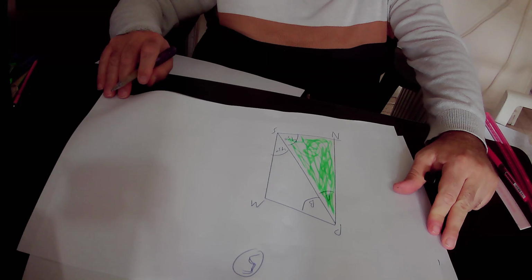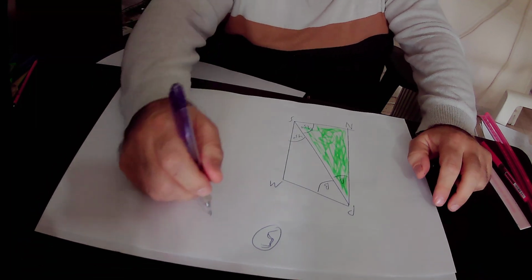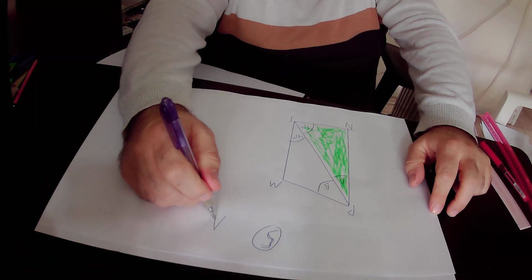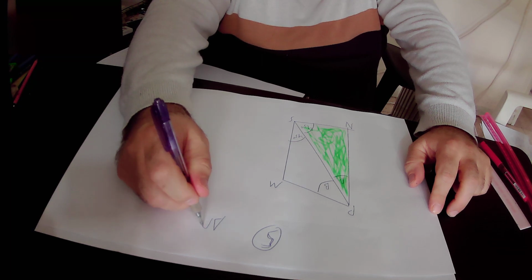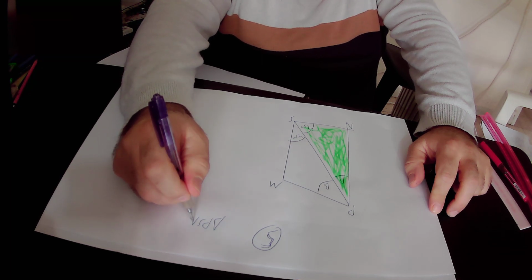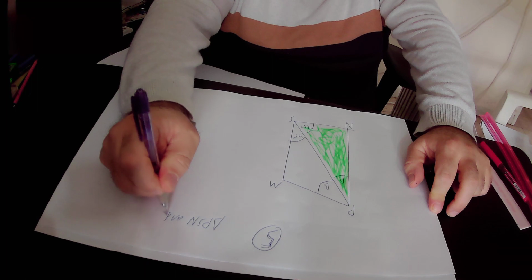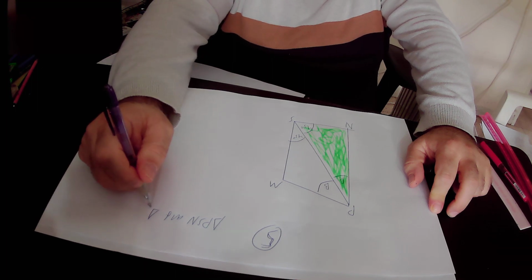So I write it down. We will prove that the green triangle, triangle PSN, is congruent to the white triangle, triangle PSM.